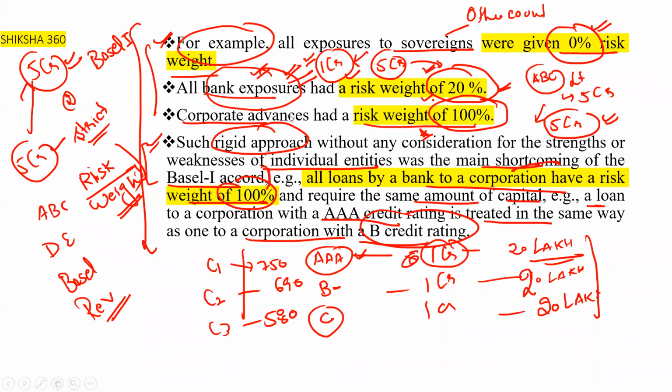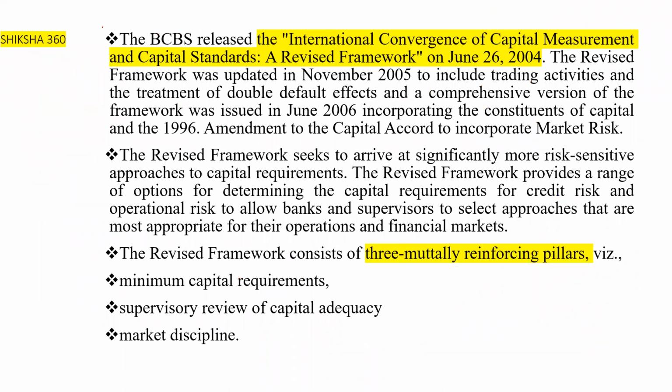Next one, the BCBS. Please tell the full form of BCBS. The BCBS released the International Convergence of Capital Measurement and Capital Standards, a revised framework, on June 26, 2004.